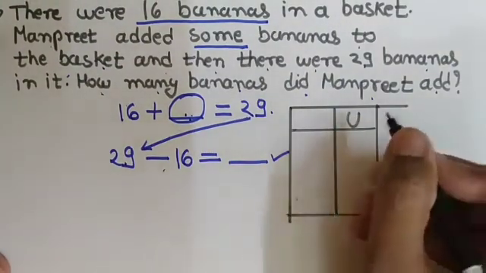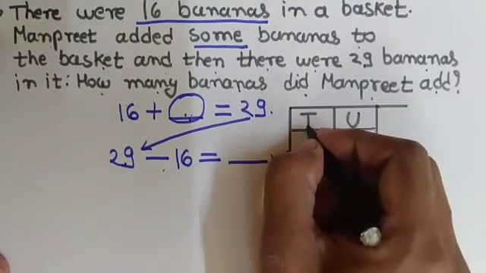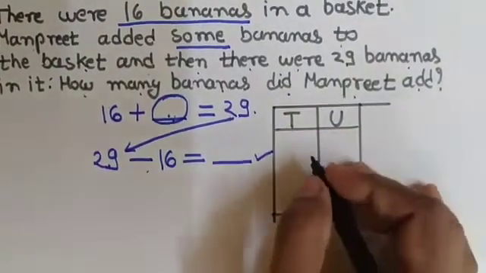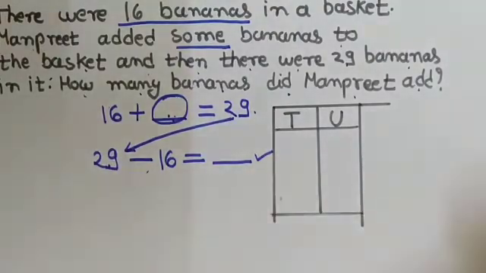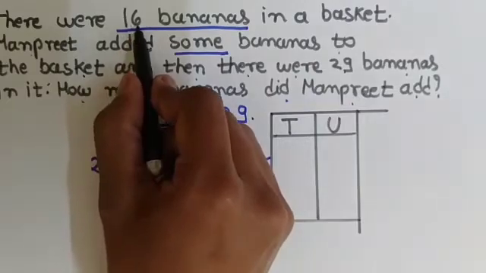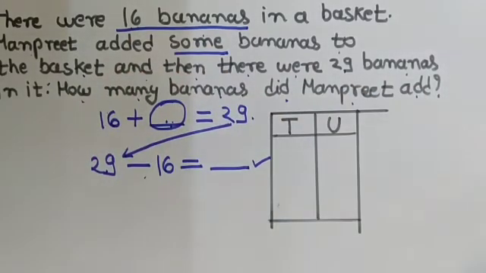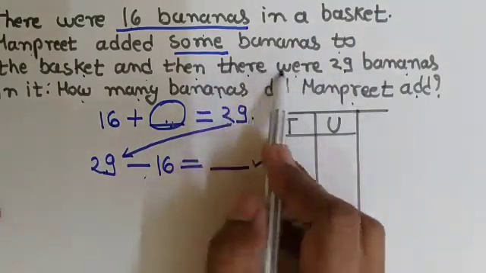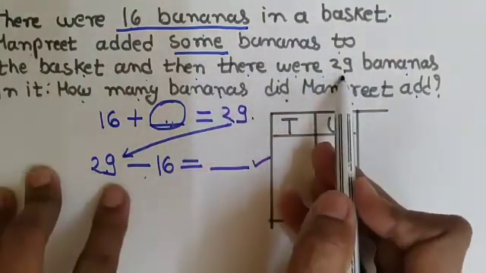First we will write the unit on the right side and the tens on the left side. Now fill the information in the table with the help of this question. The first information given is 16 bananas. We have 16 bananas and the total number of bananas in the basket after adding is 29.